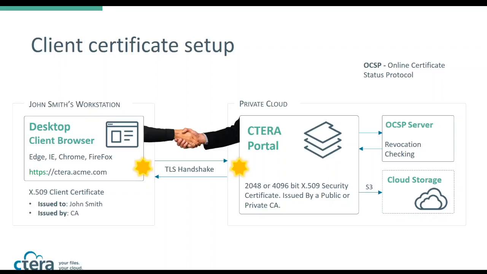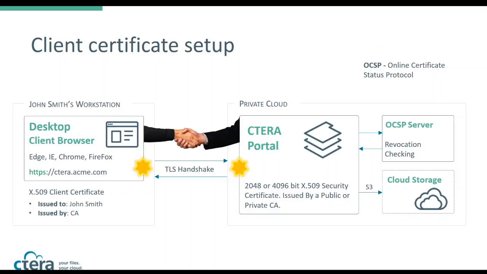So you will end up in a white screen saying that some error occurred and you're unable to access the system. And since the certificates are issued specifically for specific personnel within the company, we can also uniquely identify the incoming user. So we know that it is John. We know that it's Sarah logging in from her desktop.